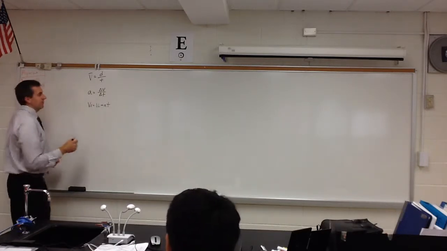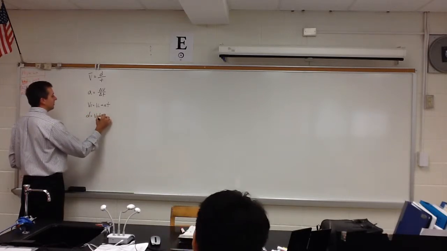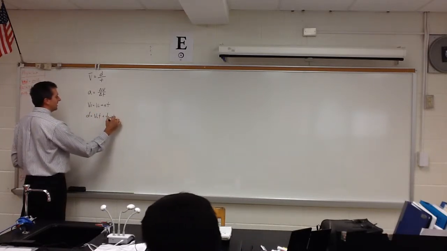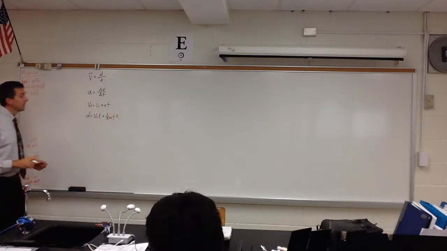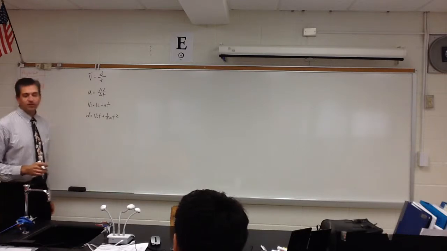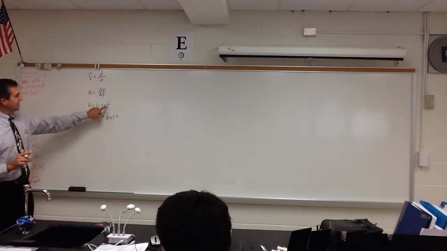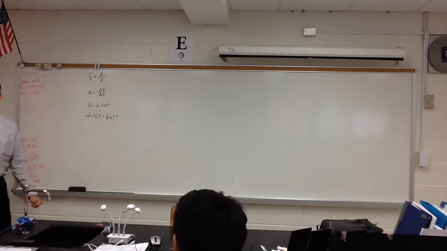And then the last one we did most recently was d equals vit plus 1/2 at squared. These equations are allowing us to do a lot of different scenarios and situations. But up until this point, you notice we needed time for all these equations.